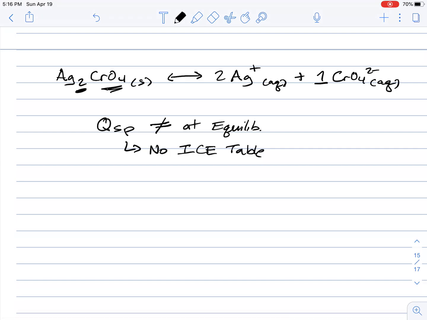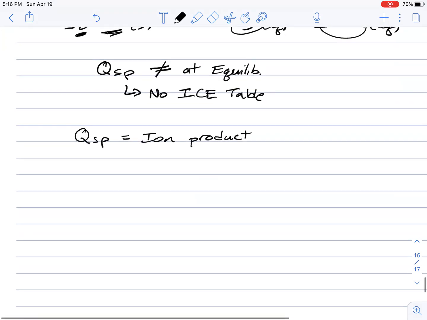To determine the mass action expression of Qsp, we're just going to take the product of the ions. That's why it's called the ion product. If you look at the definition of Qsp, it's the ion product, so it's the product of the ions.